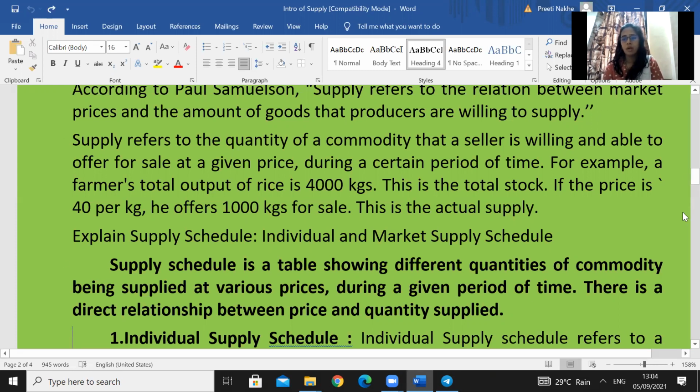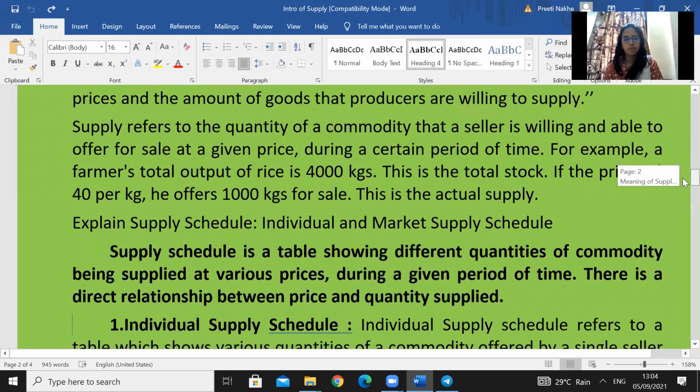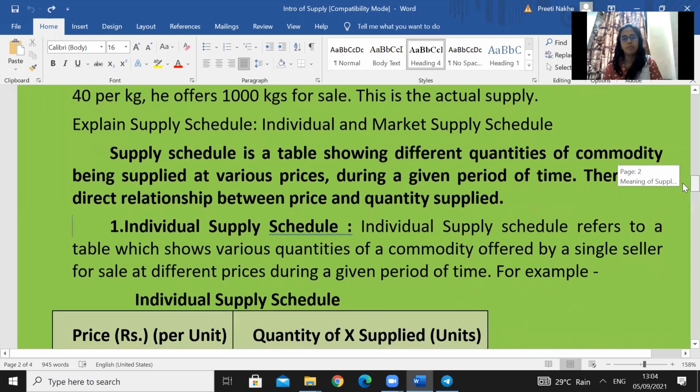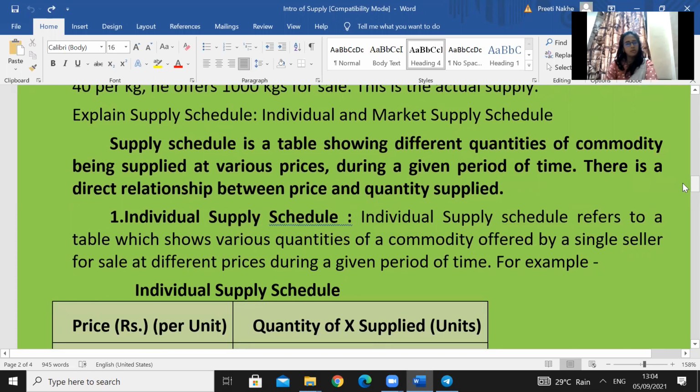Then we have seen that we have two types of supply, individual supply and market supply. Schedule, as in demand, means a tabular representation of data sold in different quantities at different prices during a given period of time. There exists a direct relationship between price and quantity supplied.